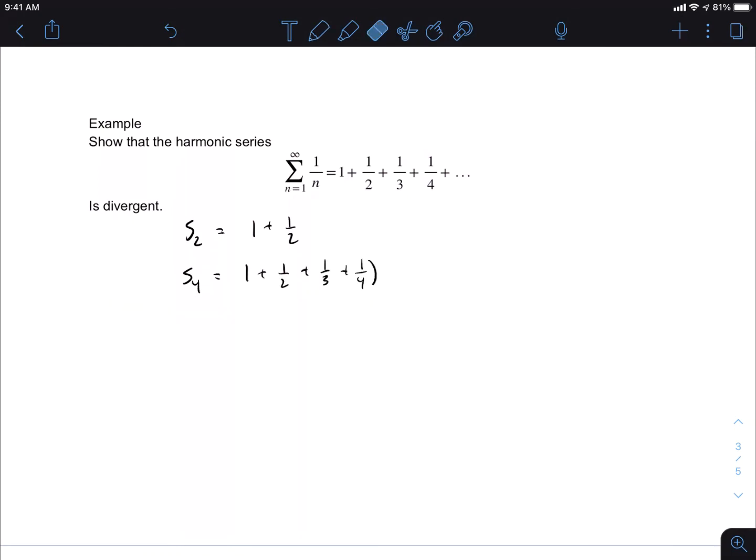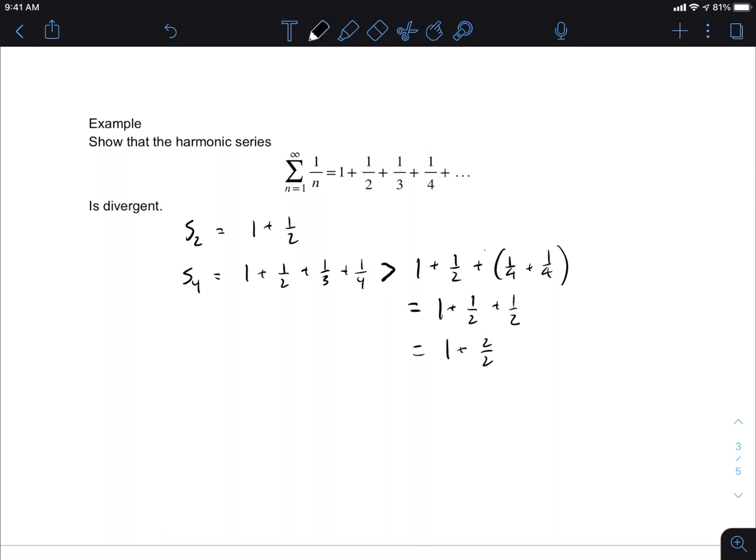So that's 4 terms, but would you agree that this is bigger than 1 plus 1/2 plus 1/4 plus 1/4? And this side right here is going to be equal to 1/2 plus 1/2, which would give me 1 plus 2 halves. I'm not going to add them up because I want to show you it's going 1, then 2.